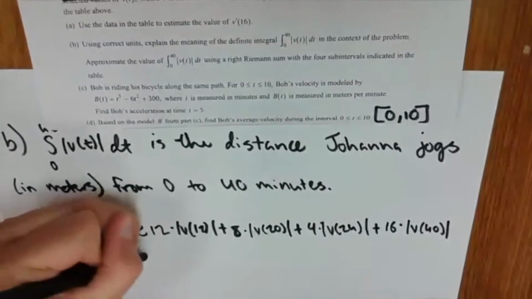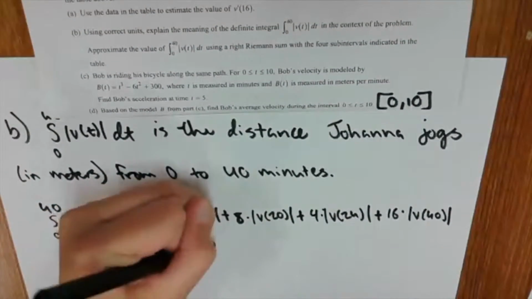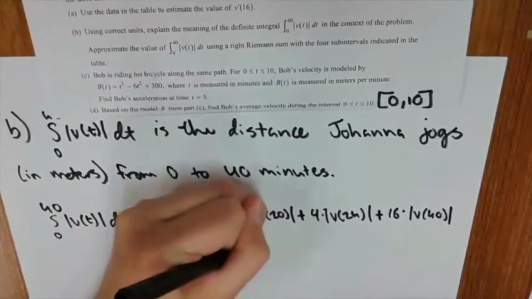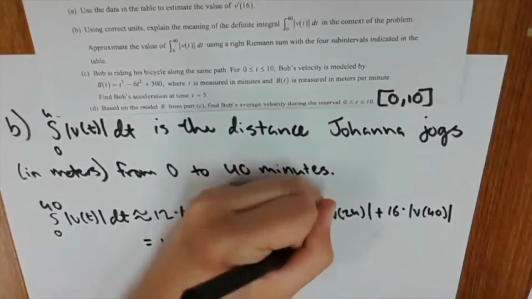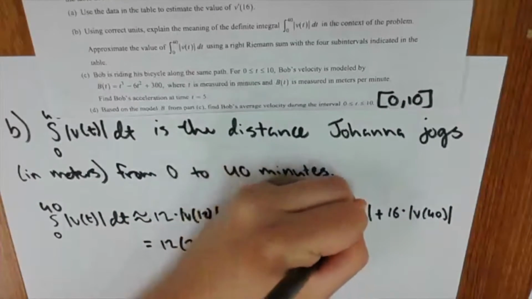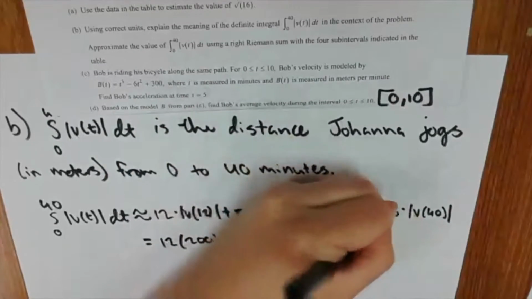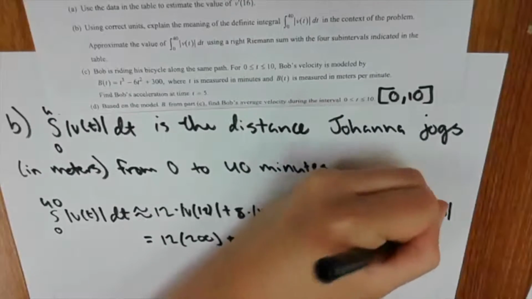Alright, and so now simplifying that out, we get 12 times 200, plus 8 times 240, which was our velocity at 20, plus 4 times positive 220, since it's an absolute value, and finally add 16 times 150.